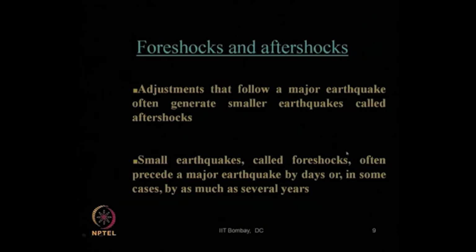For example, just about 1.5 years back, or close to 2 years back, in March 2011, there was a major earthquake in Japan, in Tohoku. All of us are aware about that. That major earthquake event was followed by several small earthquakes, which are called aftershocks.